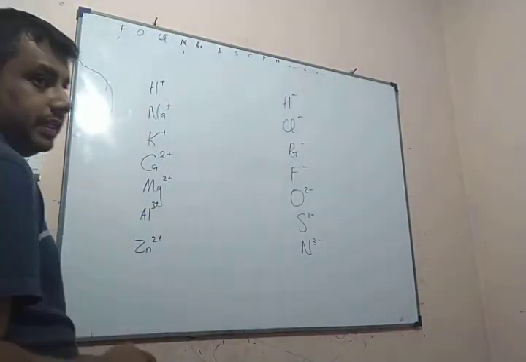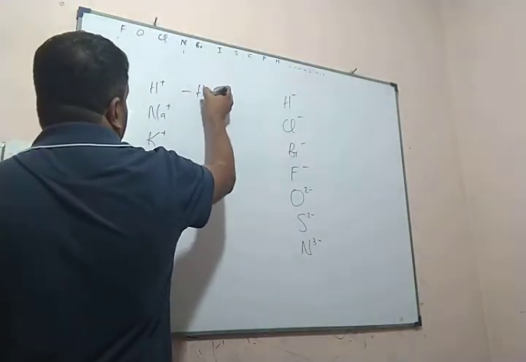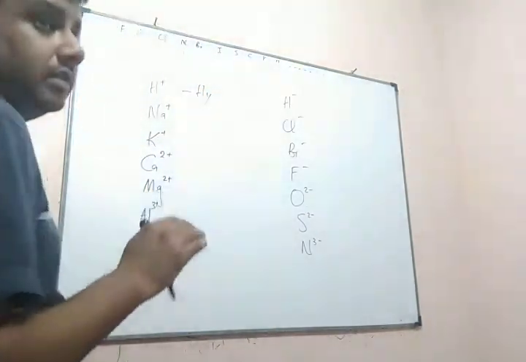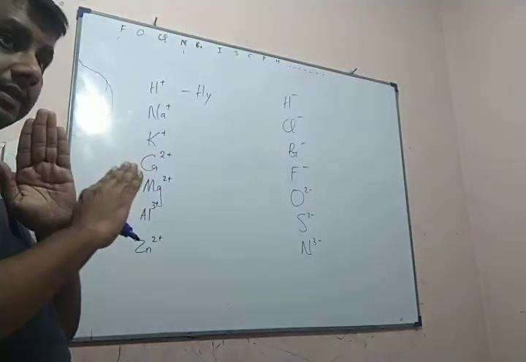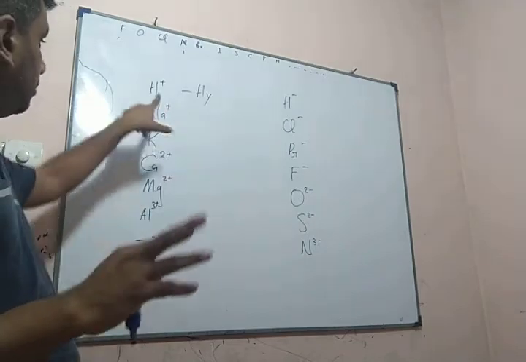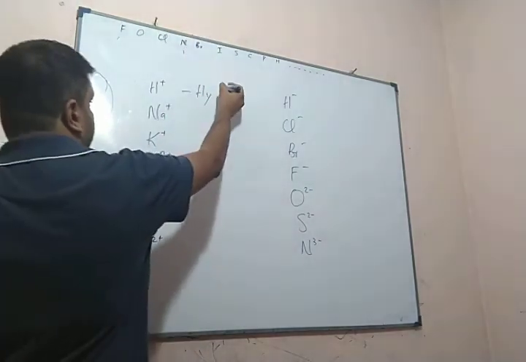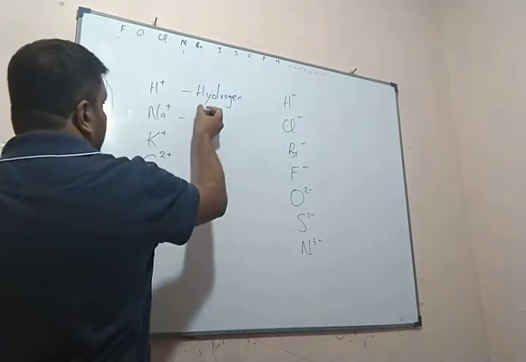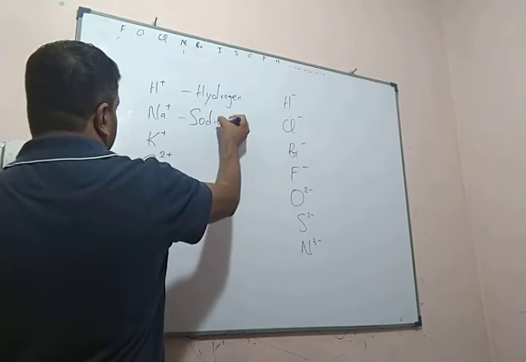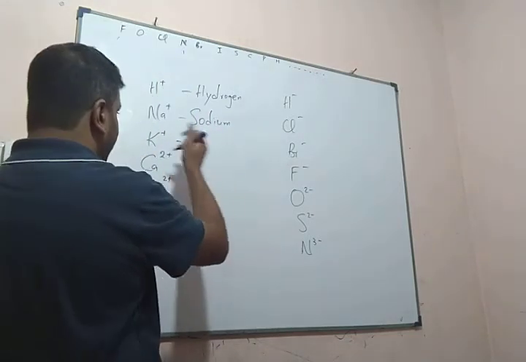H plus, what's the name? Name of cation. The name of a cation is written as the normal element name. What's the element name? Hydrogen. The cation name is hydrogen. What's this? Sodium. Just the normal elemental name.